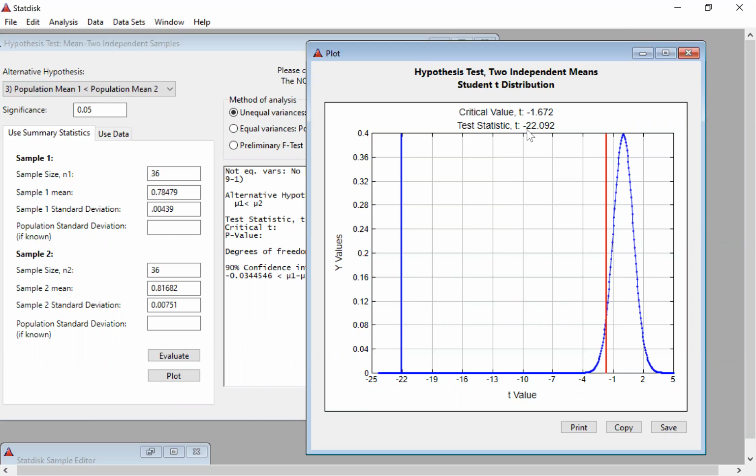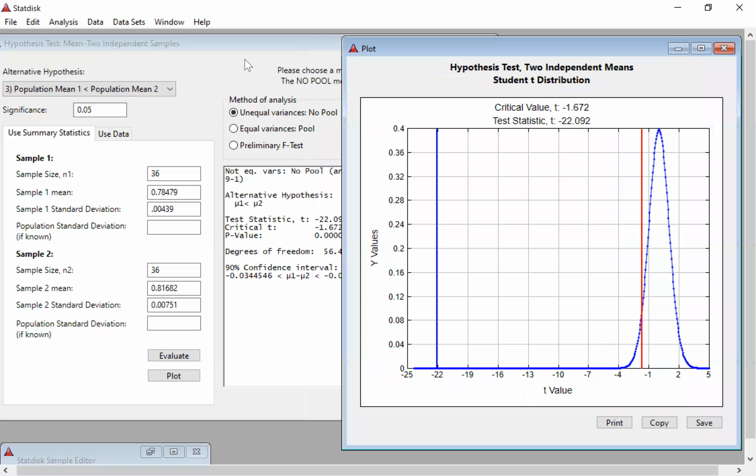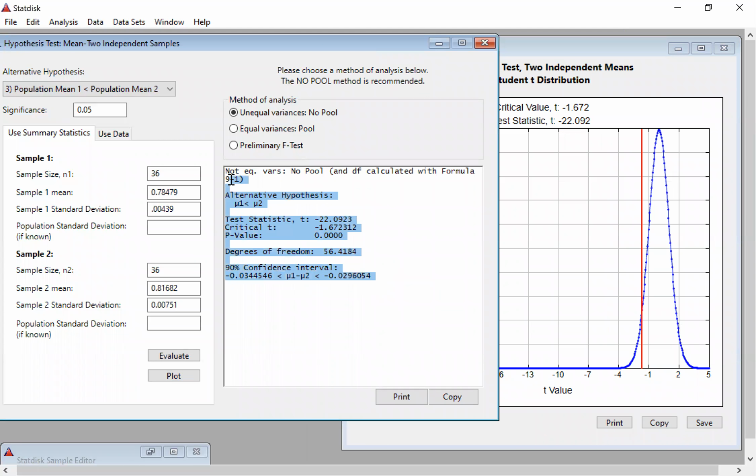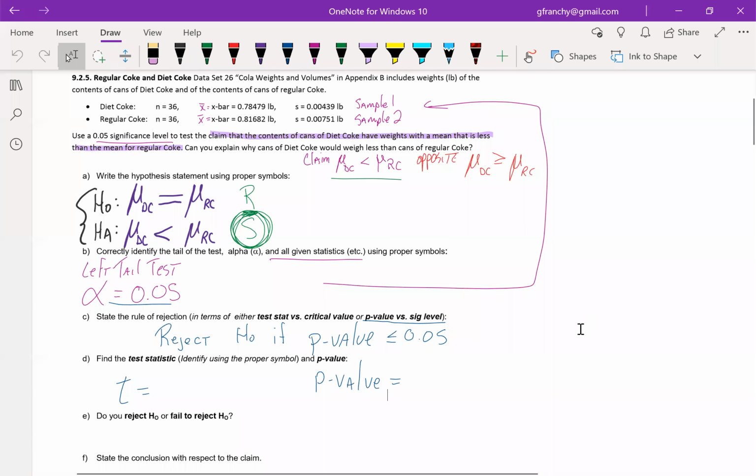So this is saying that the sample result that we got is more than 22 standard deviations away from what we would have expected if these two population means were equal. That is a long, long way away. So let's just go ahead, copy this information back into where we're writing this up.